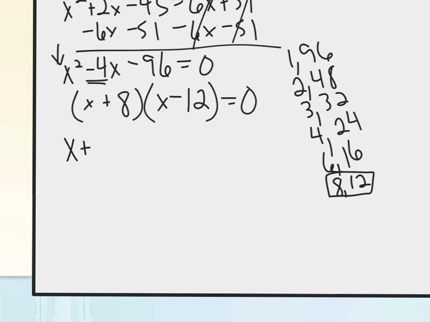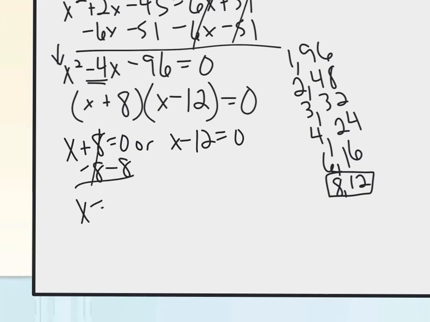And so either x plus 8 equals 0 or x minus 12 equals 0. So x equals negative 8 or x equals 12. I'm not quite finished yet because I want to find the coordinates of the points where this intersects. So I'm going to substitute those.